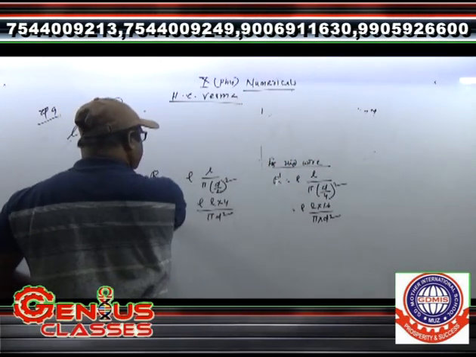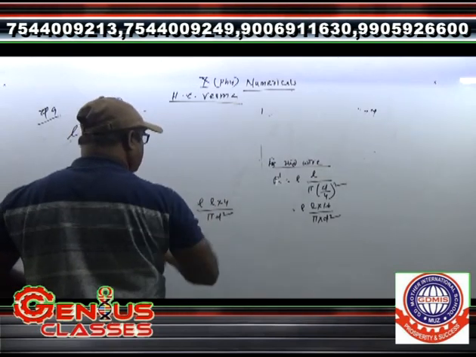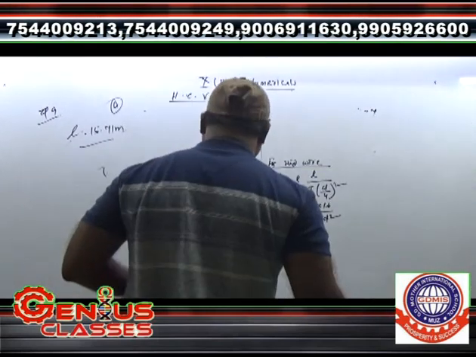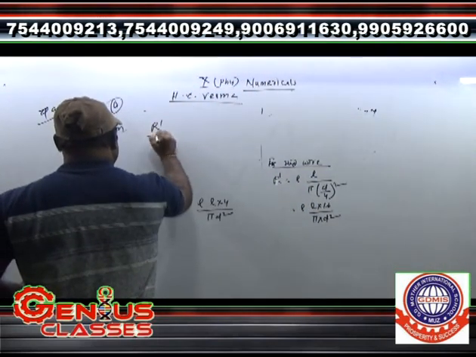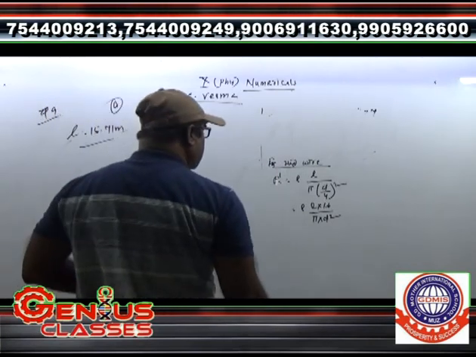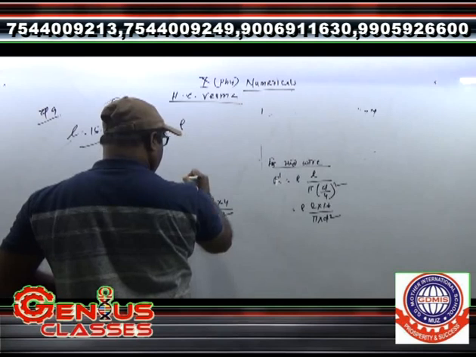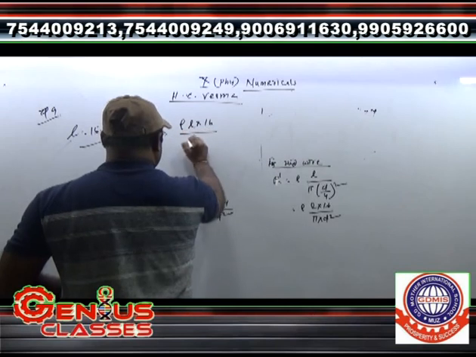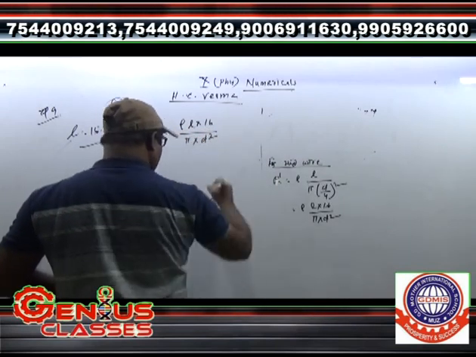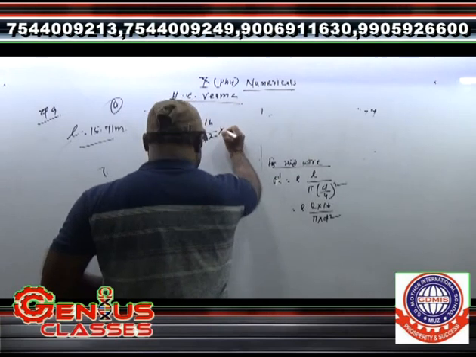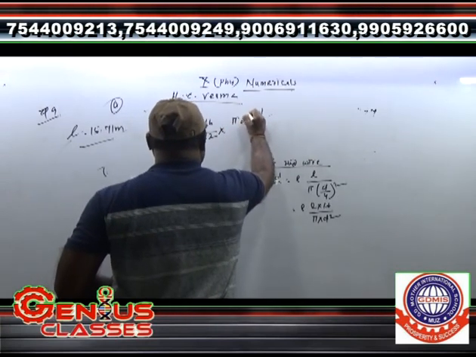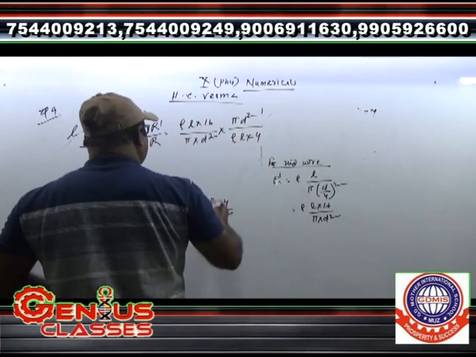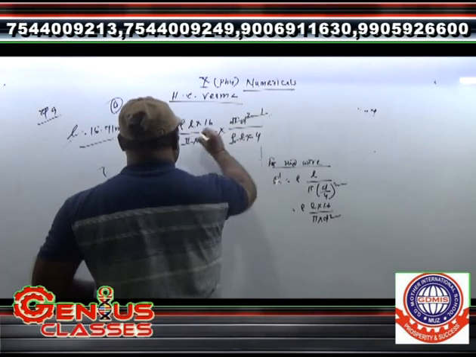Here pi D squared into rho L into 4. So this pi D squared is going to cancel, rho L is cancelled.